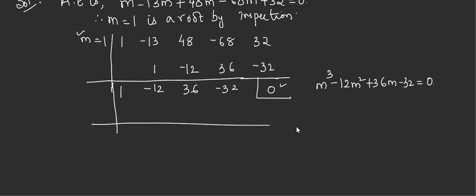Is 1 going to satisfy? Confirm it. No, I don't think so, because 1 plus 36 is 37, minus 12, minus 32. No, it will not be. So which value satisfies? If m equal to 1 fails, you can go for 2 or you can go for minus 1.